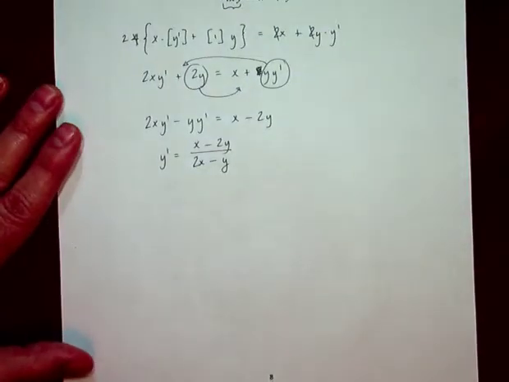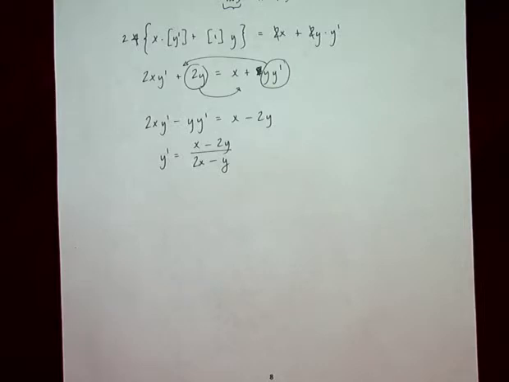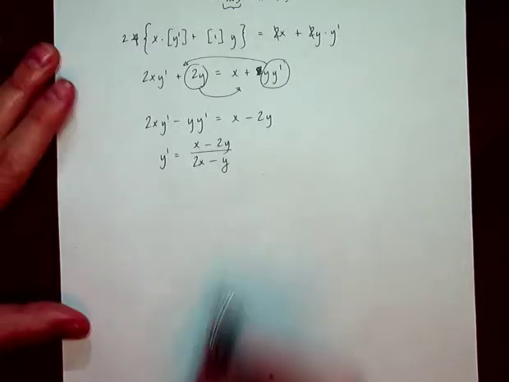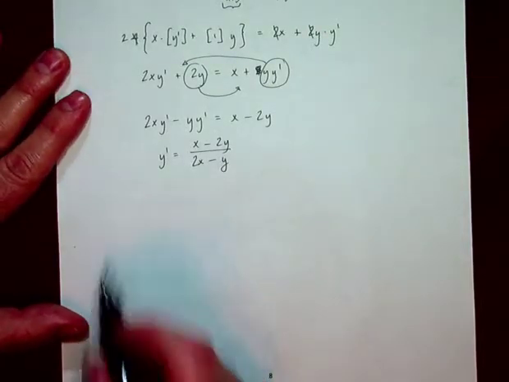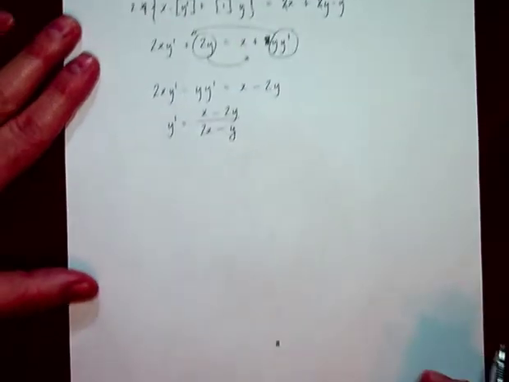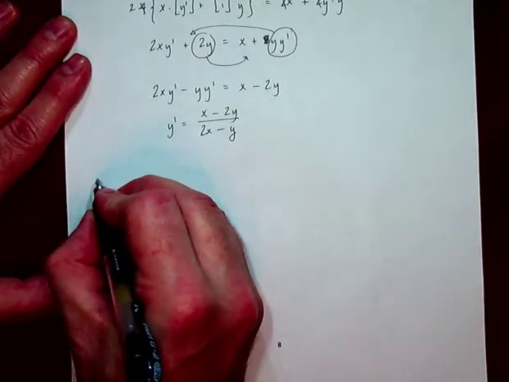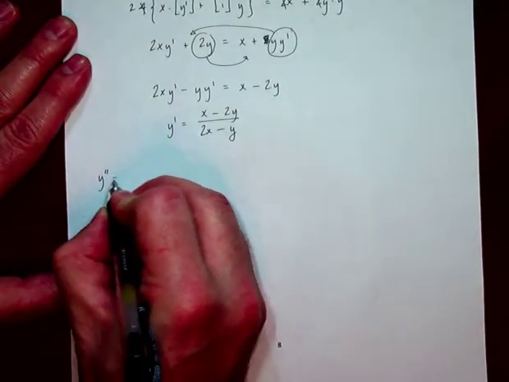Now, as you can see, taking the second derivative is going to be a little more involved for this one, so I'm going to scoot over here to the left-hand side in case I need to start another column. So I need y double prime.